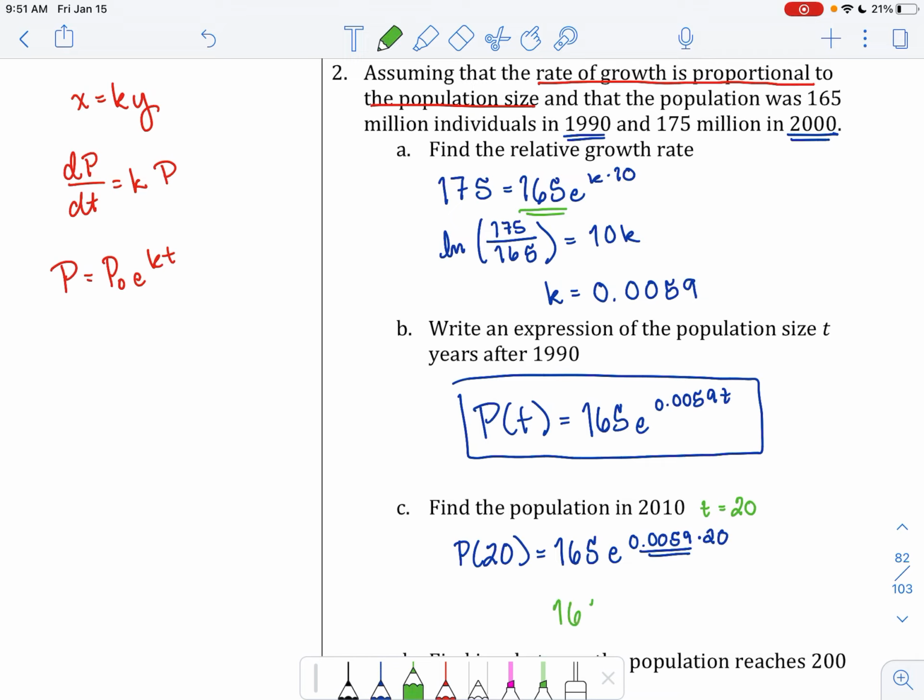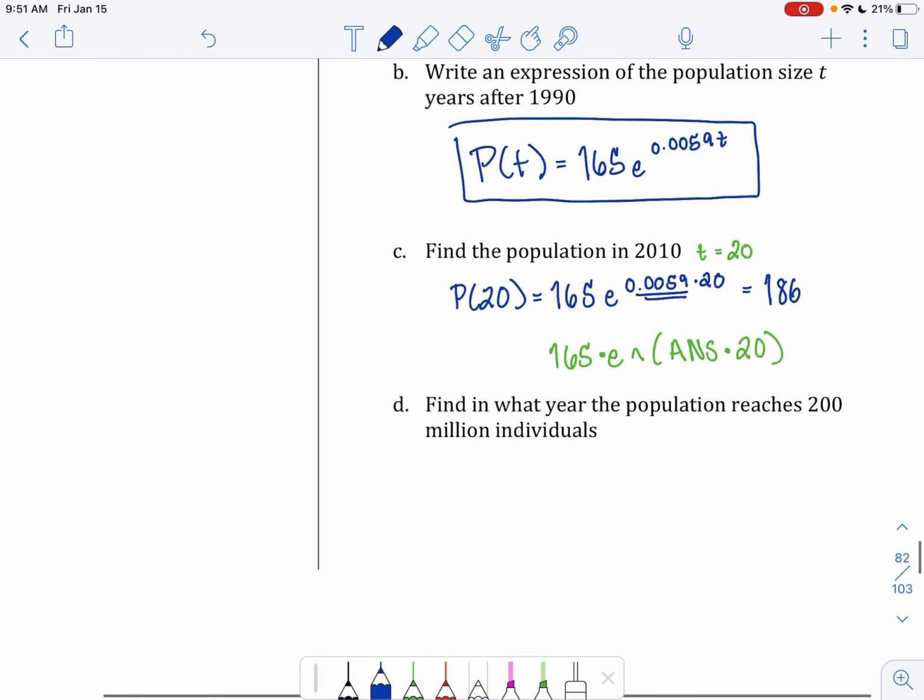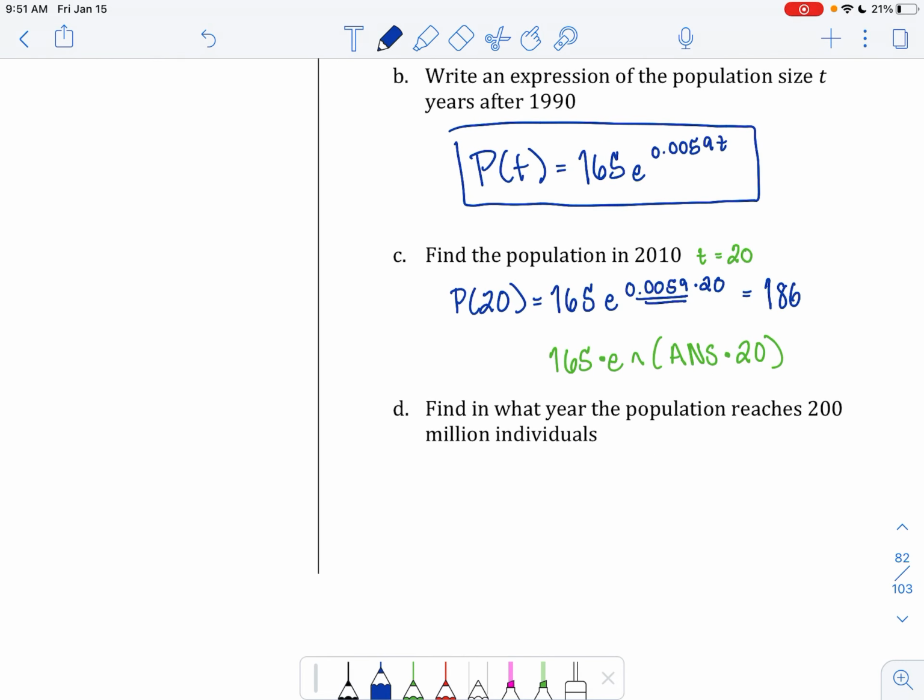So what I'm actually going to type in is 165 times e to the, using the answer key, times 20 like this, so that I don't have any accidental rounding errors. And I end up with 186. And since I used 165 as my initial, that means it's 186 million individuals. And there's obviously more figures from there. I'm rounding individuals.